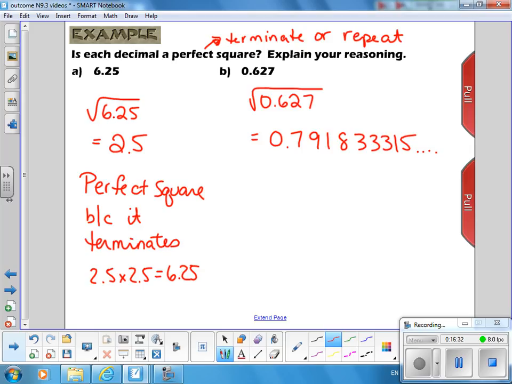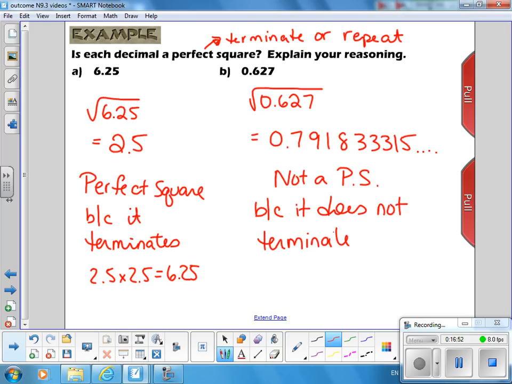Yes, there are 3 3s in there, but then there's a 1 and a 5. So there isn't a known repeating pattern here. So therefore, this is not a perfect square because it does not terminate or repeat.